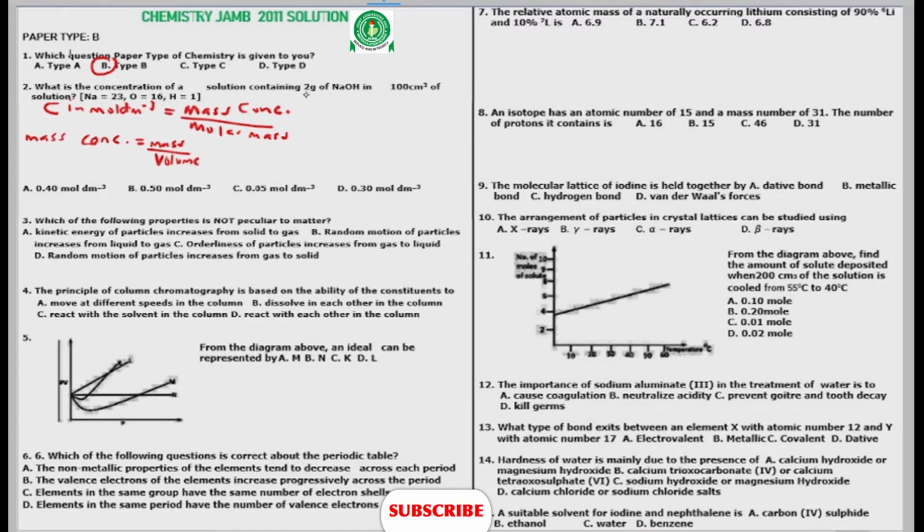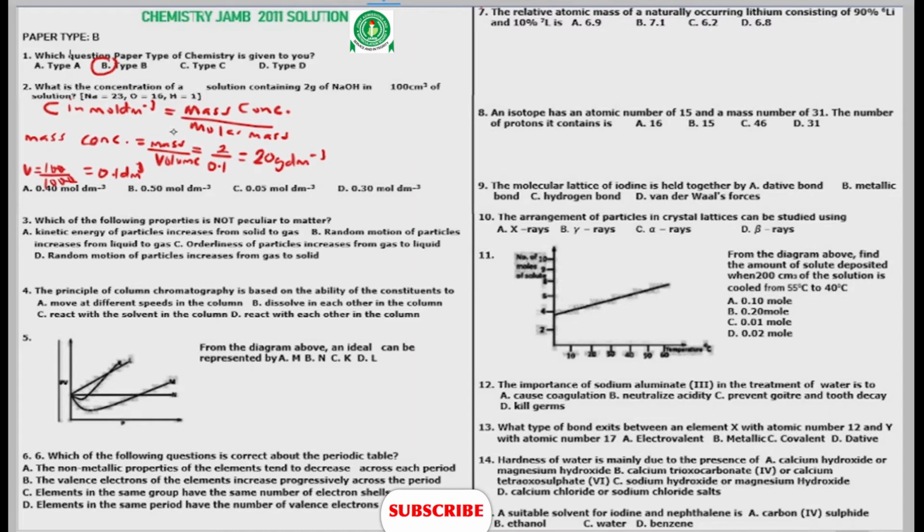We are given 100 centimeter cube, so V is equal to 100 divided by 1000, which is 0.1 dm cube. So mass concentration is 2 over 0.1, which is 20 grams per dm cube.